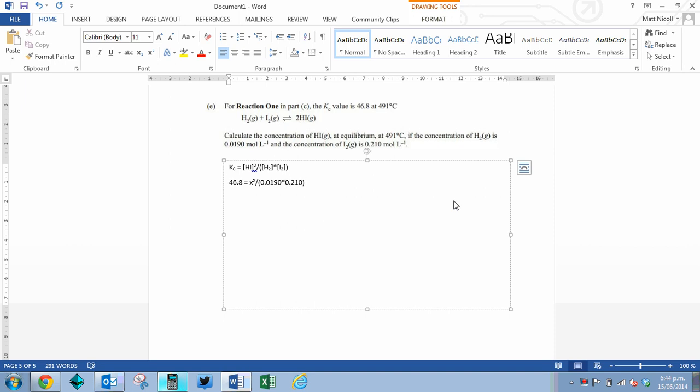Now to rearrange for x squared to be the subject, x squared equals 46.8 times 0.0190 times 0.210.